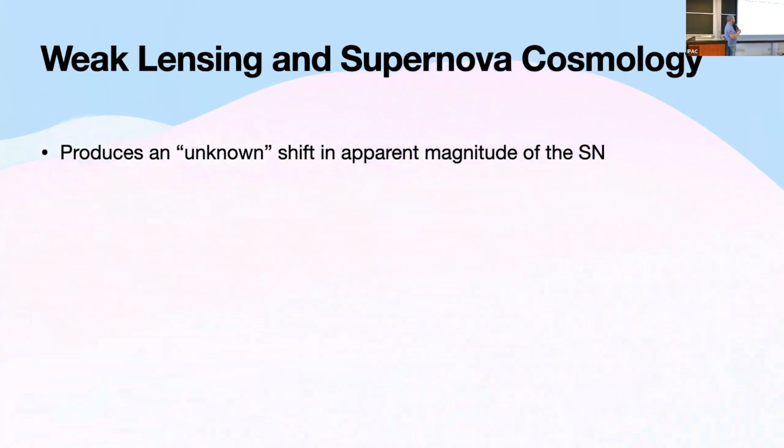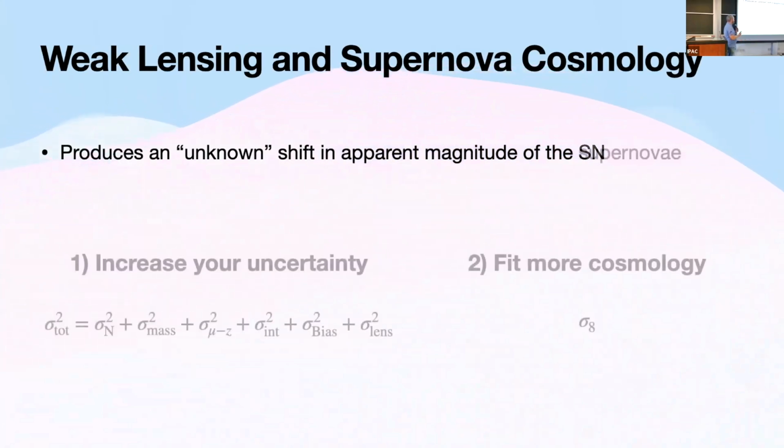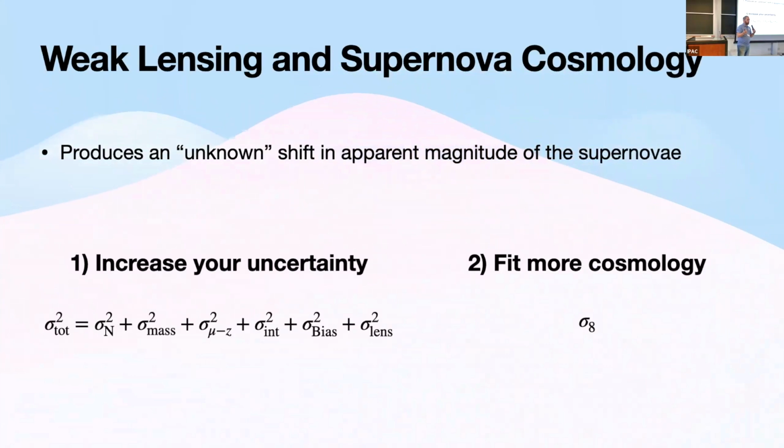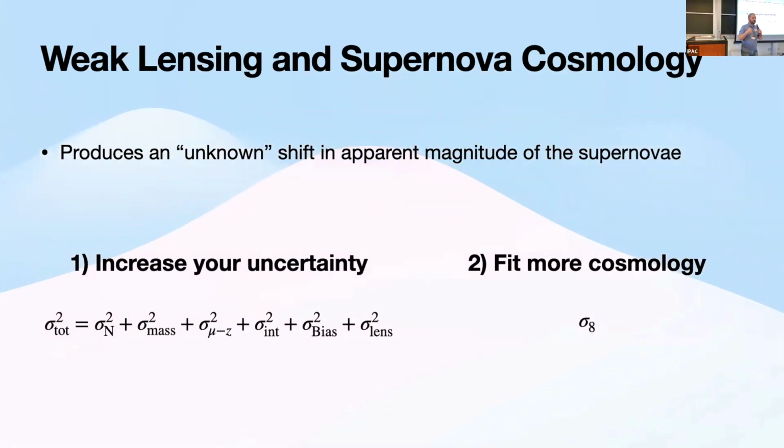So there's two things you can do with this. You can either just say, hey, it's noise, and just add it to your noise term, or you can say, hey, that's actually probing the growth of structure and start to actually understand more cosmology. And so we've been looking at what both increasing the uncertainties and probing cosmology would look like at above redshift 1.